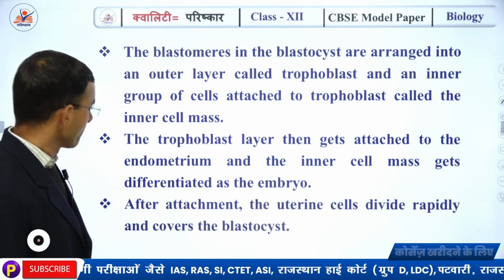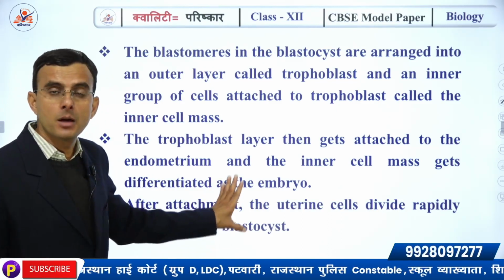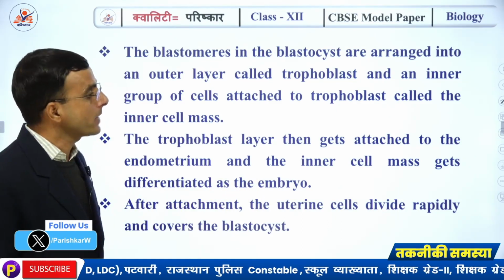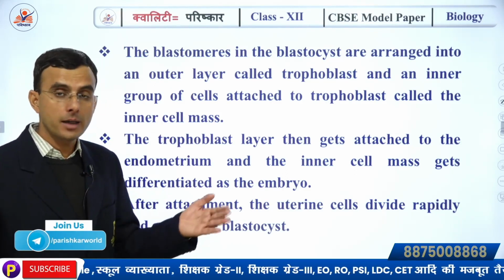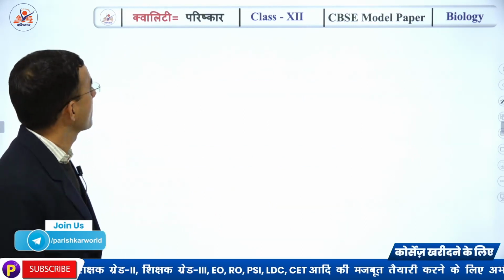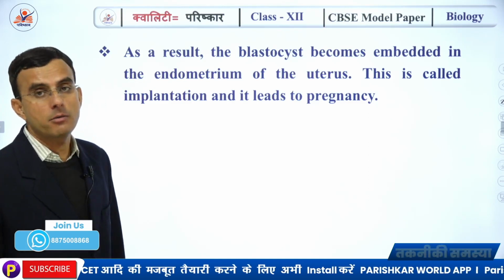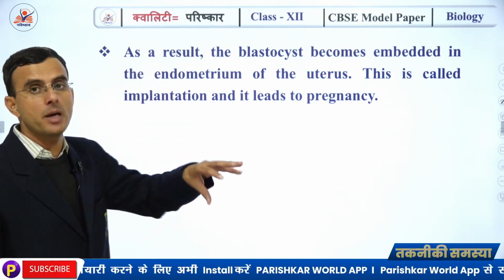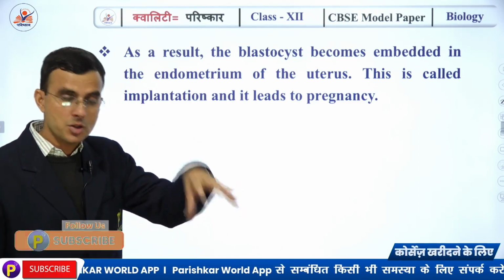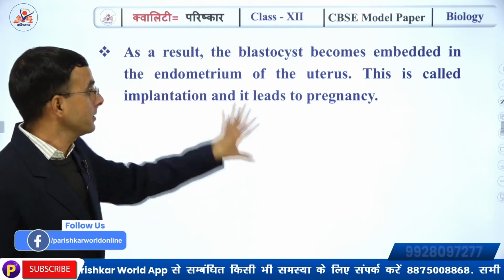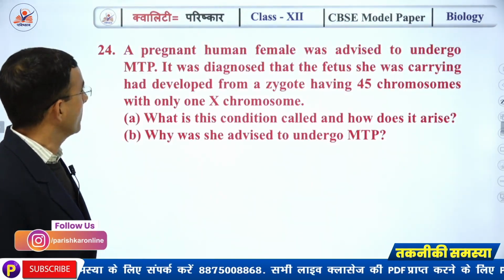After attachment, the embryo is surrounded by the uterine wall and a placenta is formed, which is very useful during pregnancy and development. The establishment of the embryo in the uterus is known as implantation, and implantation is the start of pregnancy.